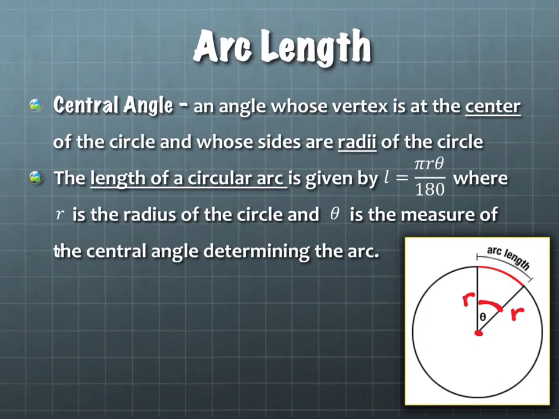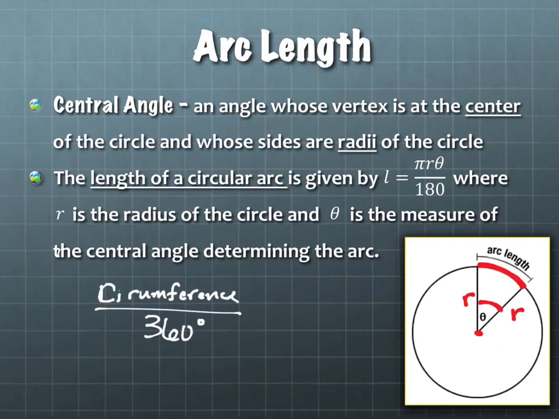And then the arc length that's in red on the outside here can be found by taking, I'm actually going to write it a little bit differently first, the circumference divided by 360. So the circumference is the distance around the circle, right? And 360 is the angle measure all the way around the circle.